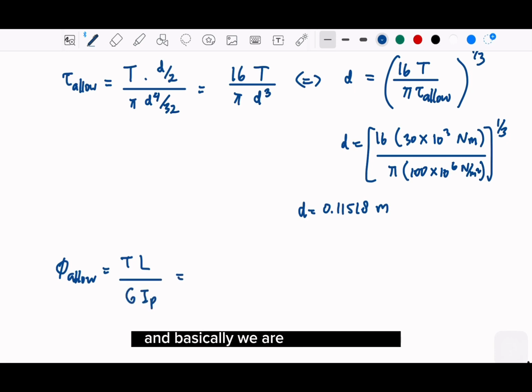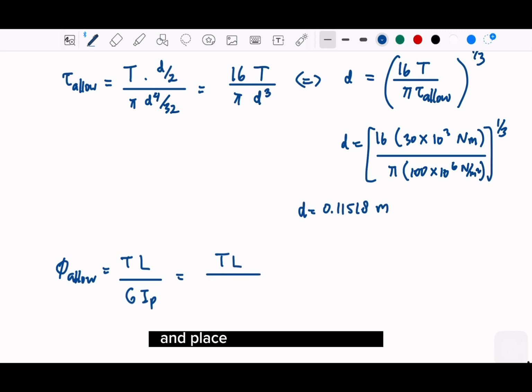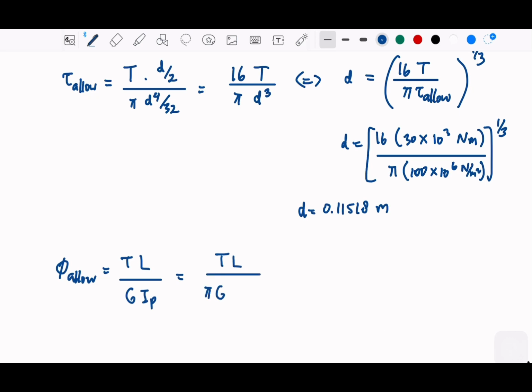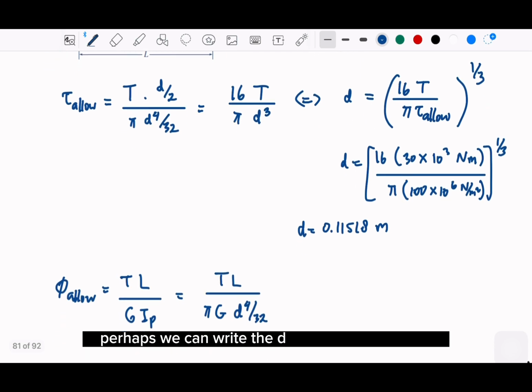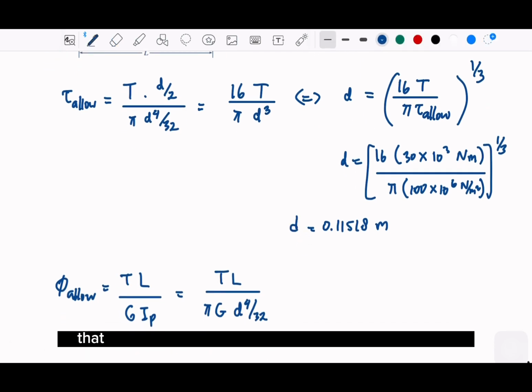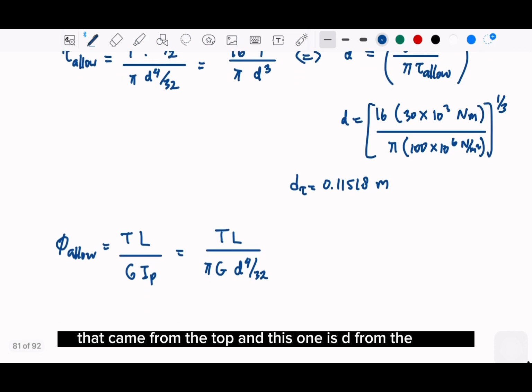Basically we are just taking this and placing all the subjects inside. Perhaps we can write the d that came from the tau, and this one is d from the angle.